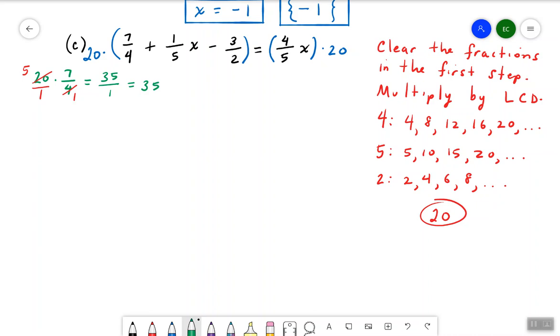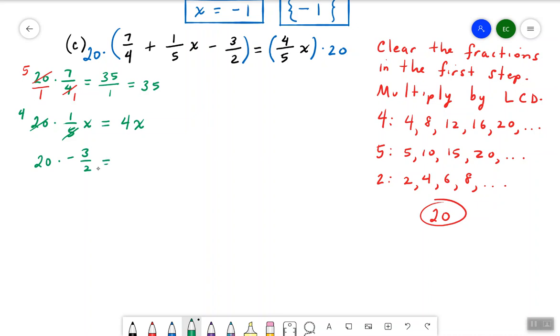Let's try to go through these just a little bit quicker. Let's do 20 times 1/5 x. And you can see that 5 goes into 20 4 times. And so you have 4 times 1 is 4 times x. And then you have 20 times -3/2.